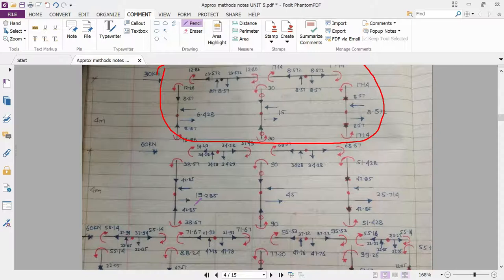As we know, we have already calculated the horizontal shears of 19.28, 45 and 25.17 in the previous lecture, because of the external horizontal force of 60 kilonewton. So first of all you have to write these three forces in opposite directions.